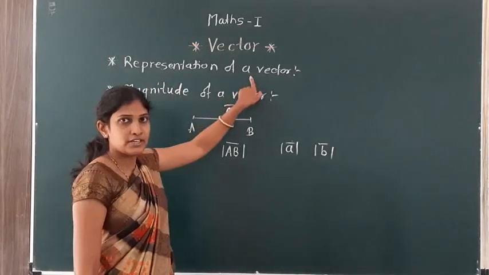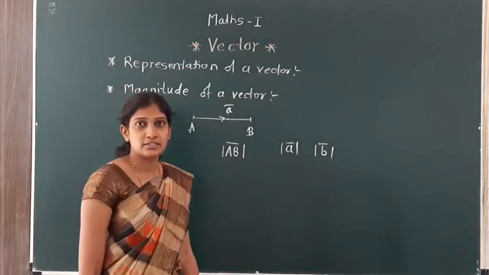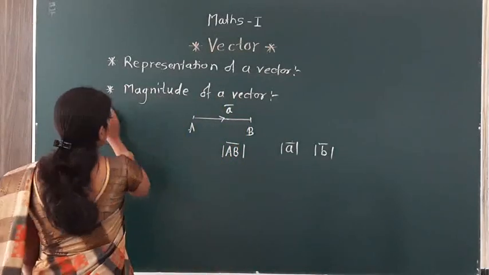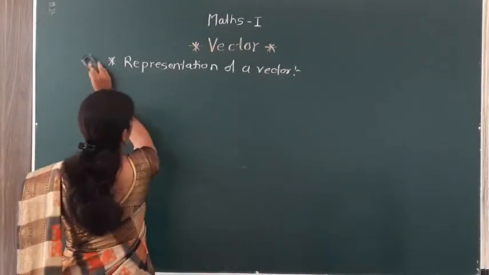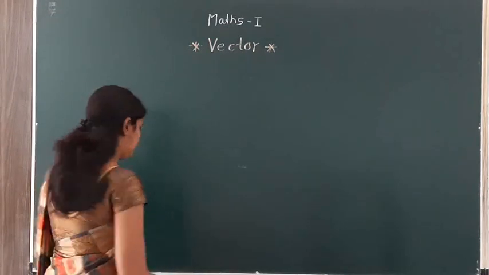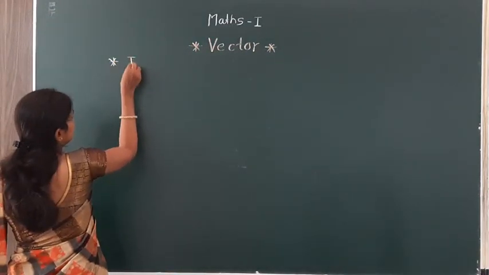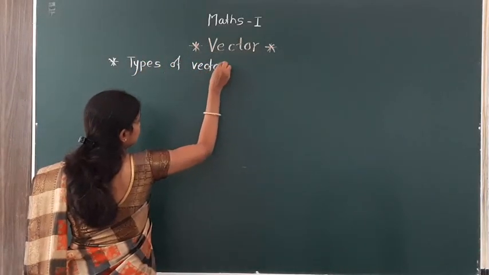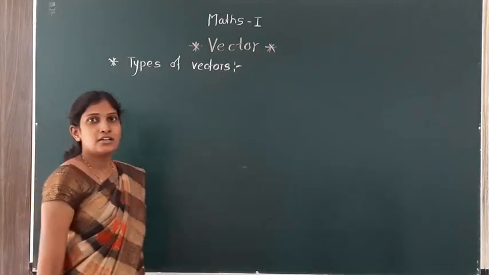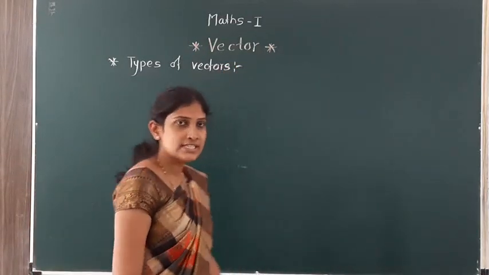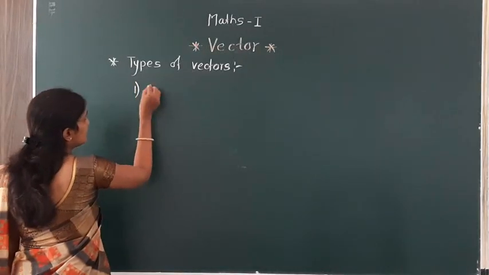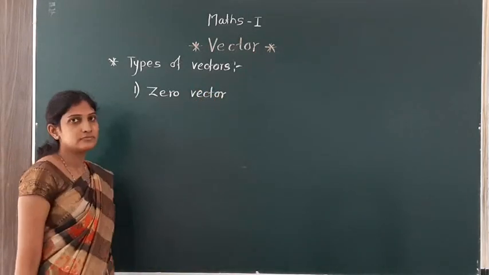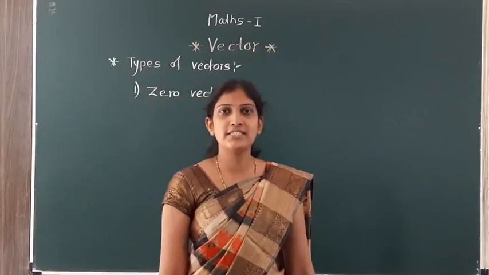So, representation of a vector and magnitude of a vector. Now, next point is types of vectors. The first type is zero vector. What is a zero vector?